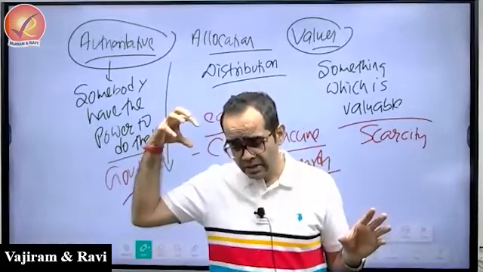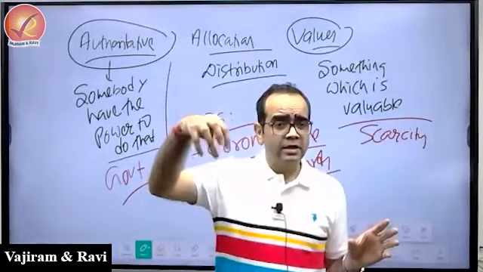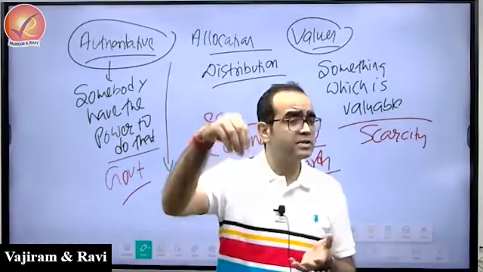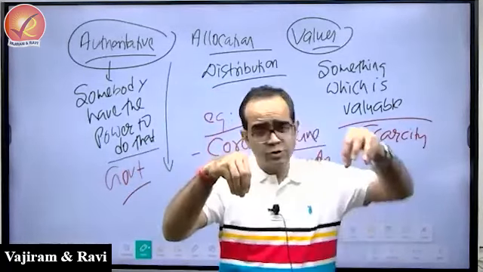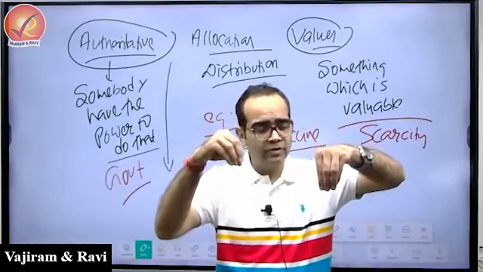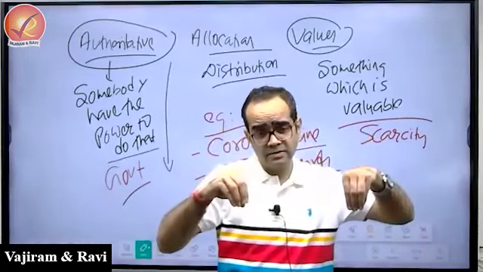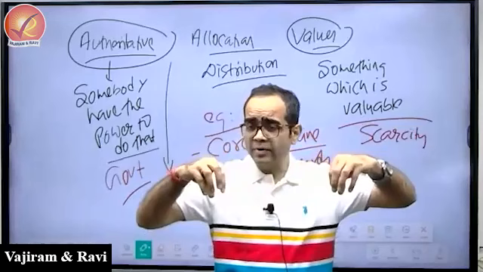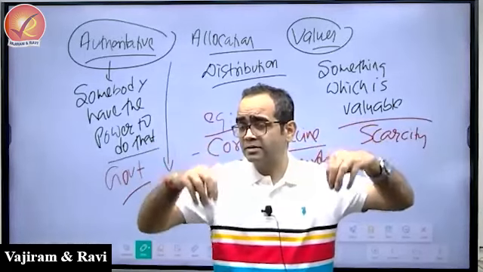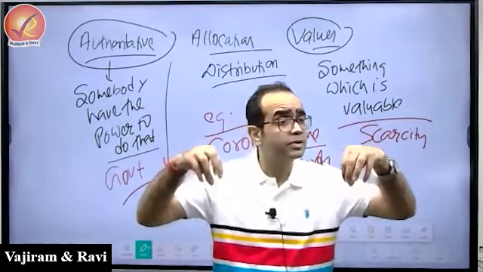For example, the Narendra Modi government gave former Prime Minister Vajpayee the Bharat Ratna, while the Congress party gave former Prime Minister Rajiv Gandhi the Bharat Ratna. So two governments of two different parties gave Bharat Ratna to their respective former prime ministers.